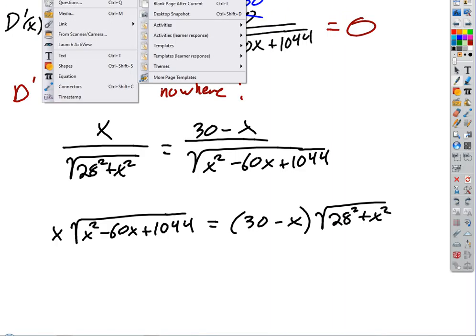I want to just reinforce this. What if we had the equation square root of x equals -2?